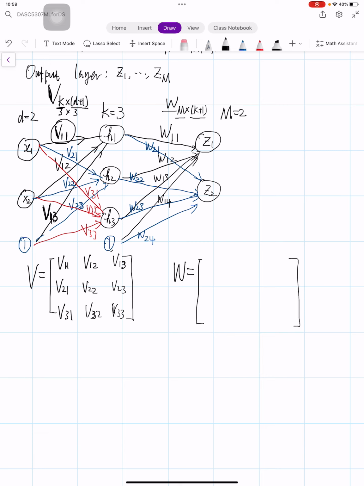So W will be a matrix with 2 outputs times K plus 1, so 4. It's W11, W12, W13, W14, which are always transformed from all the hidden nodes to the first output. We also have W21, W22, W23, W24 from all the hidden nodes to the second output.